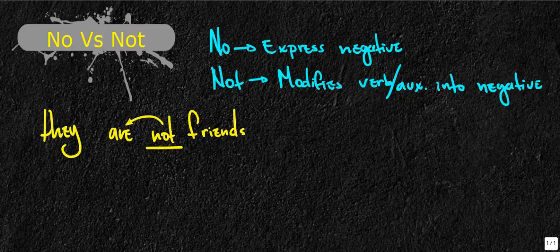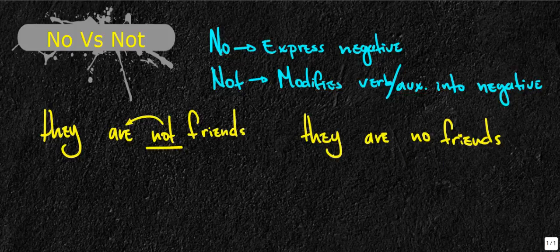Now I can use no in this sentence in the same situation, but the grammar rule is different. So I could say they are no friends. Alright? So you see, it's essentially the same sentence, but now this no is not transforming the verb, it's transforming the noun over here.